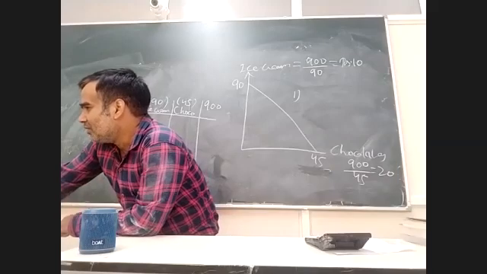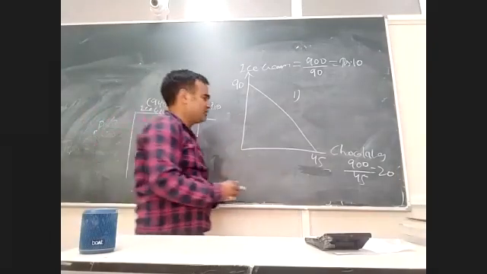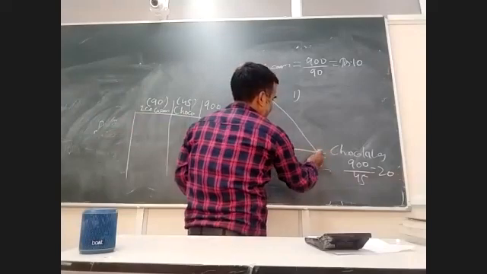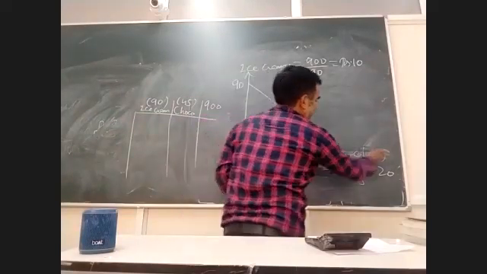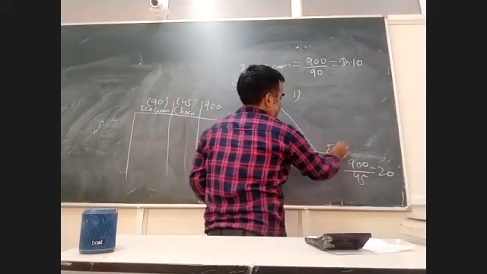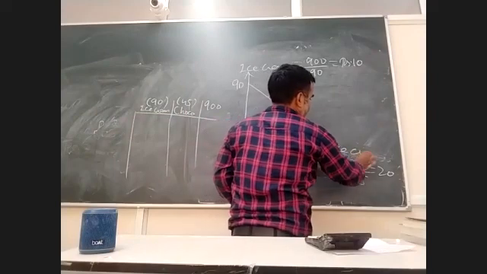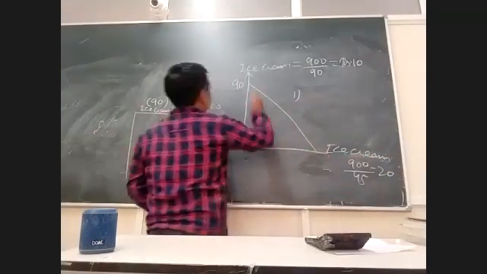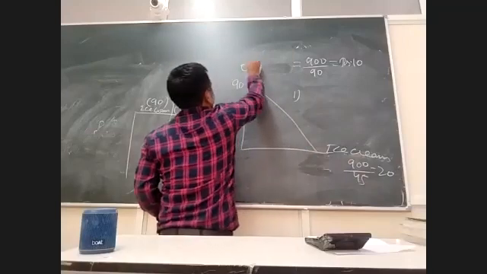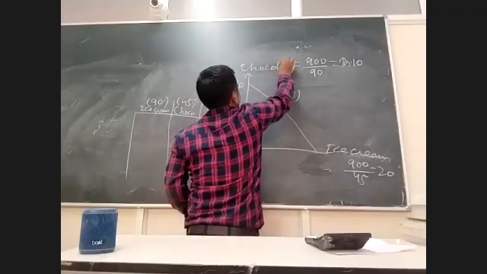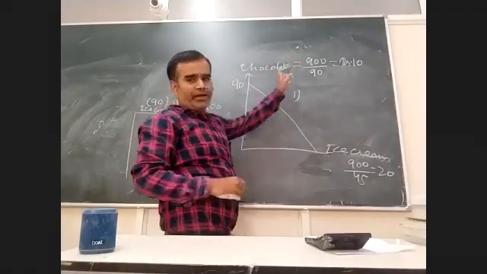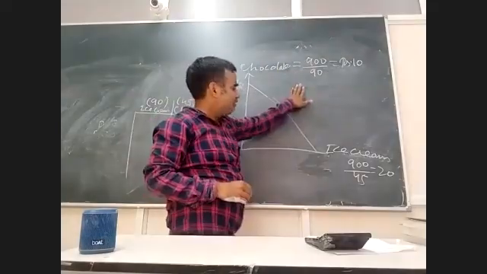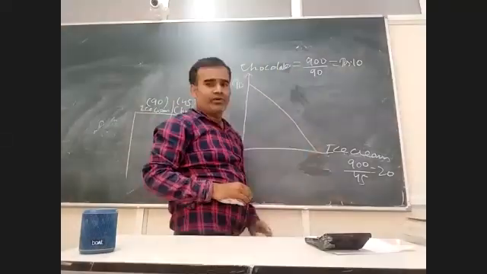Okay, students, sorry, ice cream they have written in the graph, I didn't see that, and chocolate they have written at the top. Otherwise we'll get the wrong answer. So the price of chocolate is 10 rupees and the price of ice cream is 20 rupees.